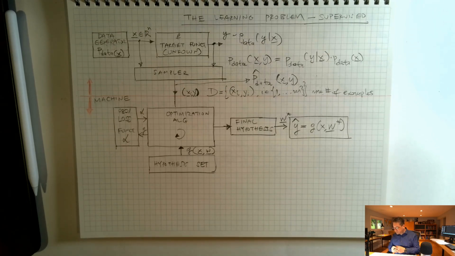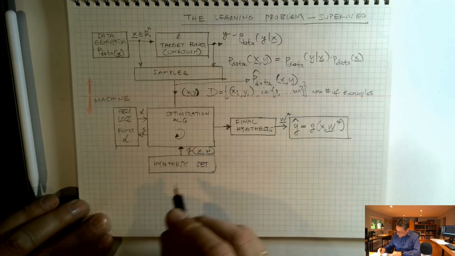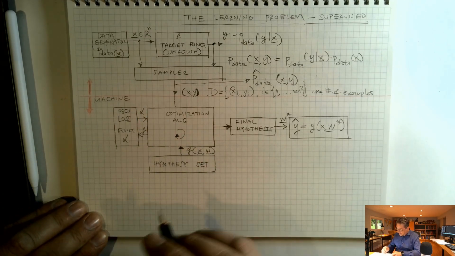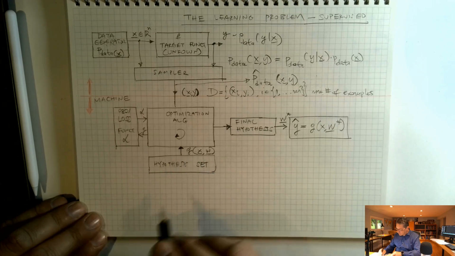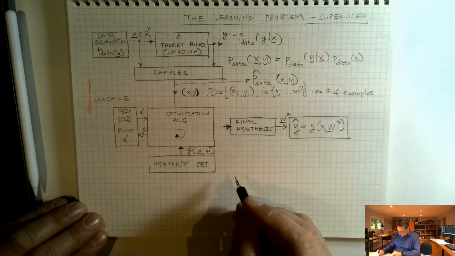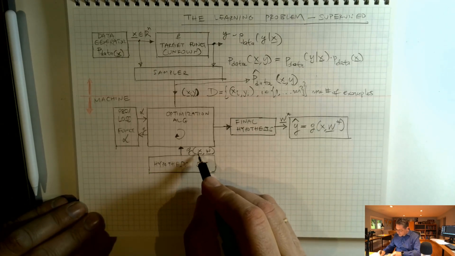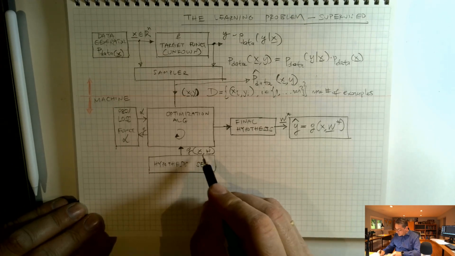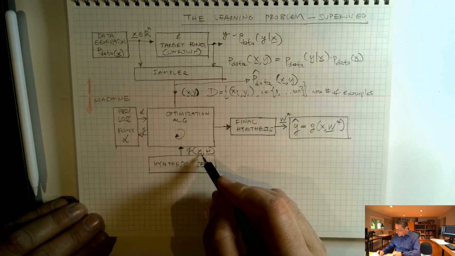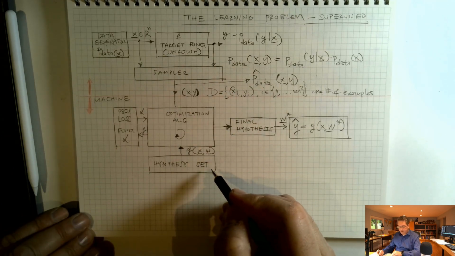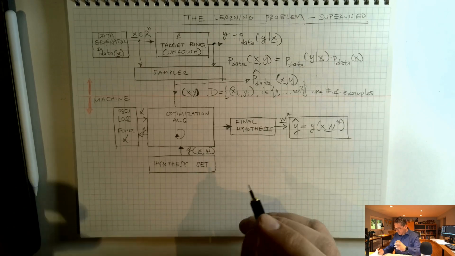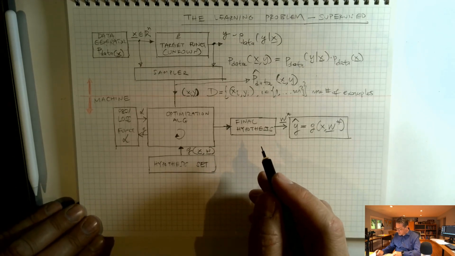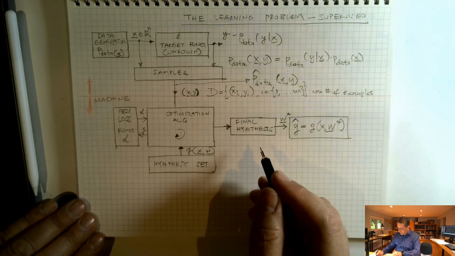That's a very important probability distribution, because that's what is involved in the input of our machine. Going back to this machine block diagram, we have specified the hypothesis set. The hypothesis set was offering us the hypothesis, which we called G of X comma W. The X was associated with our data, and W was a vector encompassing all of the parameters of our hypothesis, and we have seen several of those hypotheses in the sinusoidal regression problem.